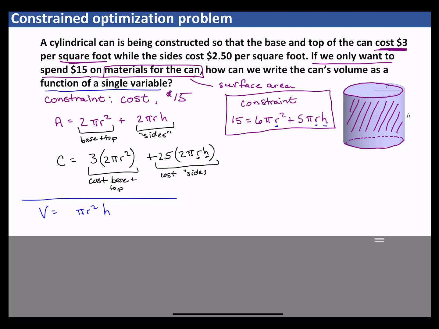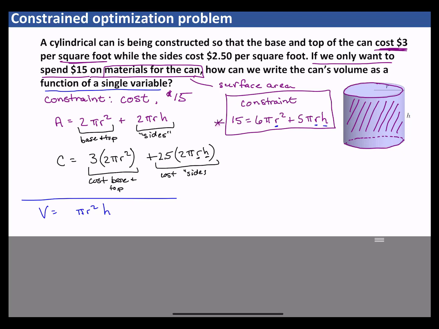So we could solve for r or h. I notice there's an r in both terms of my constraint equation, so that would actually be rather challenging. It looks like there's only one h in the entire constraint equation, so it's probably easier to isolate h.